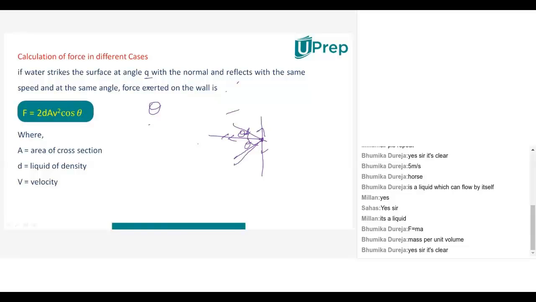So observe carefully. The horizontal component of force is in the same direction for the two cases, before striking and after striking. But the vertical component is in the upward direction, whereas this is in the downward direction. So these two will cancel each other. So the vertical component will not play an important role and only the horizontal component will play.